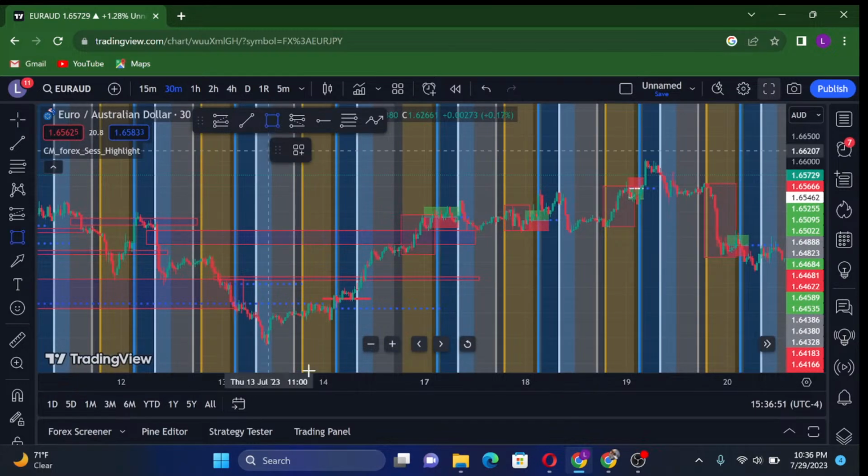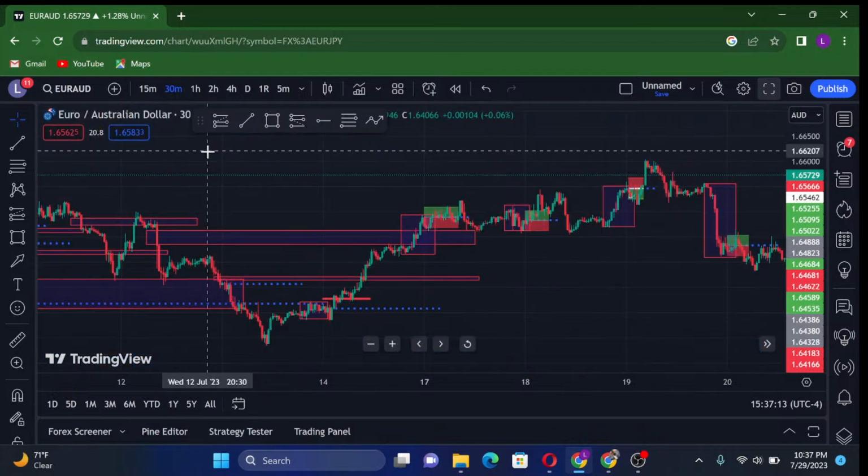Even here it did the same thing. Just mark the candles in the yellow part. Then we remove the indicator to see the chart.